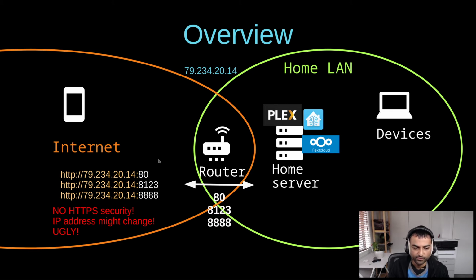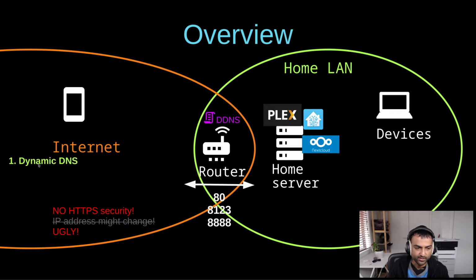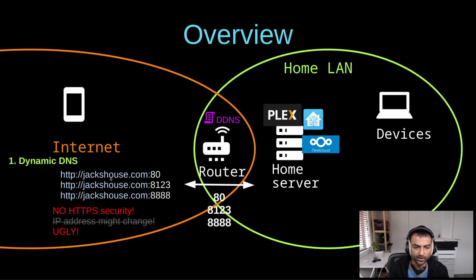One way to improve it is to add a dynamic DNS. So instead of accessing your services through an IP address, which could change, we access it through a URL. So this might be your own domain name, or you might go to a service like DuckDNS and get a DNS server for free.